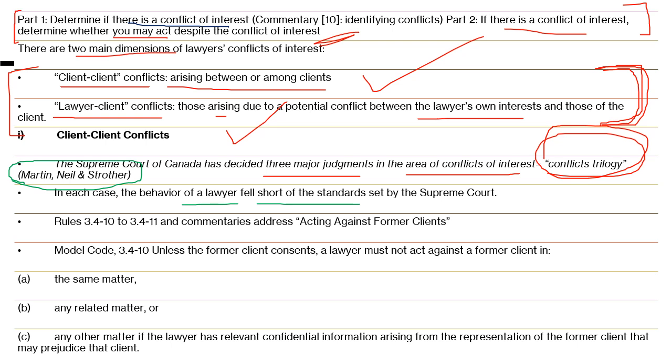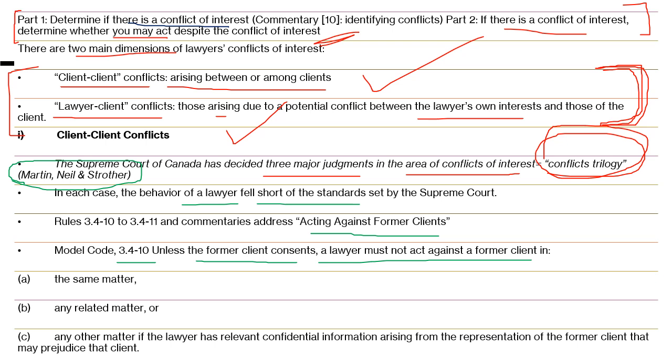Rules 3.4-10, 3.4-11 and commentaries address acting against former clients. Model Code 3.4: unless the former client consents, a lawyer must not act against them. For example, as I told you earlier in the illustration, you have a client that is no longer your client. What word will you use for that client?